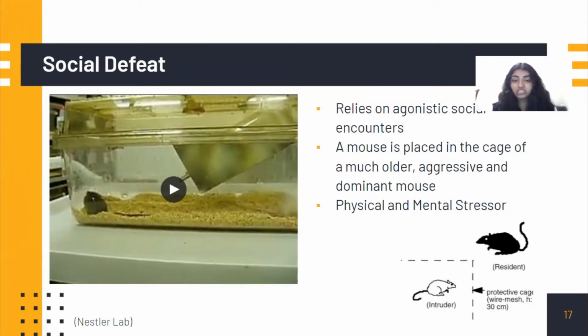Even though the bigger mouse cannot attack the smaller mouse through this cage, a mental stressor is employed because the smaller mouse is afraid, and these feelings of fear, worthlessness and despair are still induced even though there's no physical encounter.